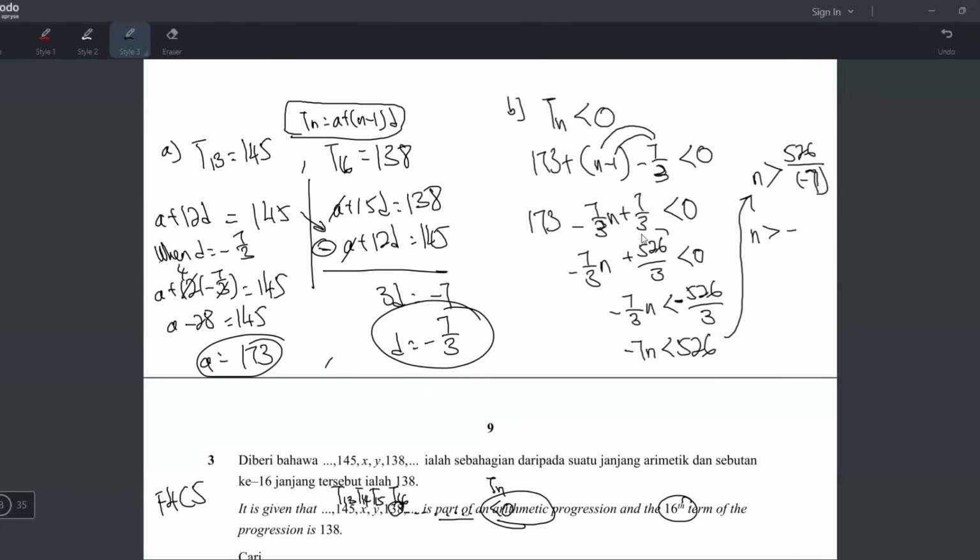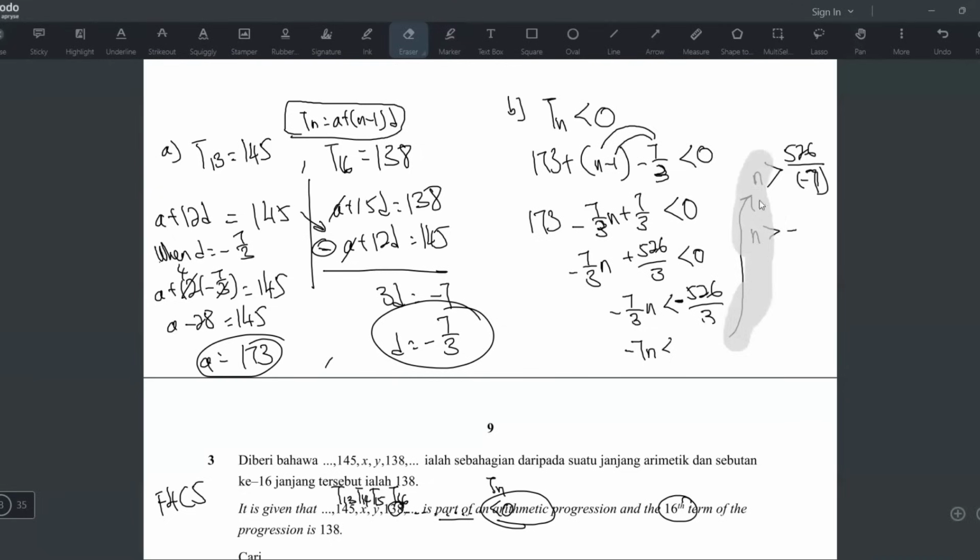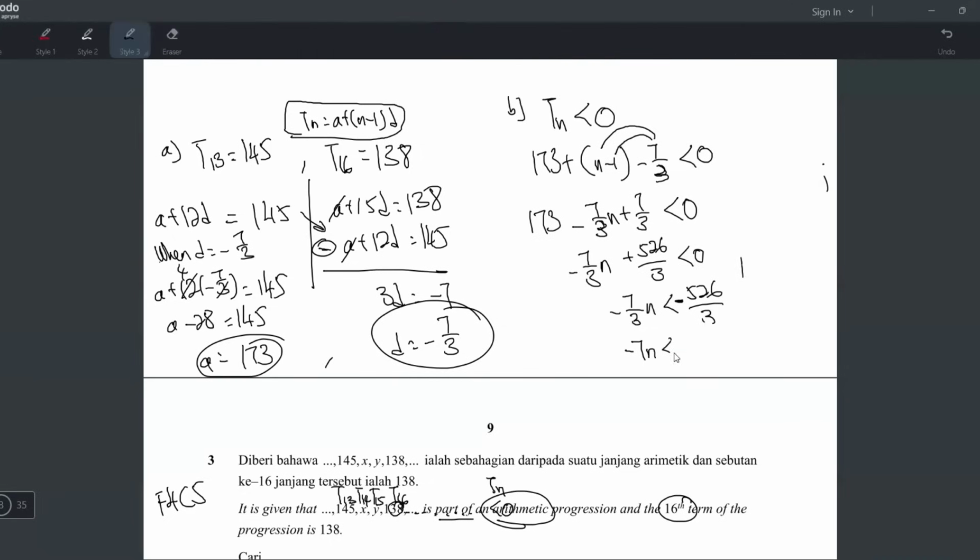Sorry guys, I forgot the negative. So let me correct it. This should be negative 7n smaller than negative 526. Like that. And then your n is negative 526 divided by negative 7, which is 526/7, because negative divided by negative is positive.